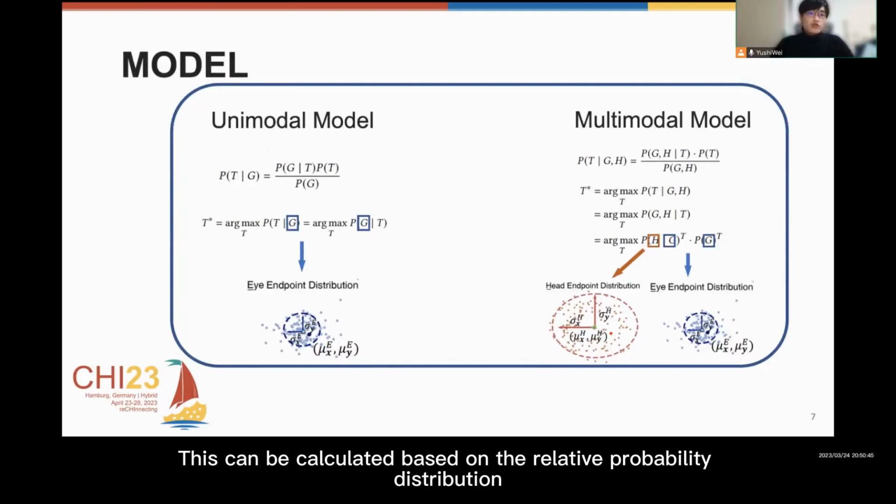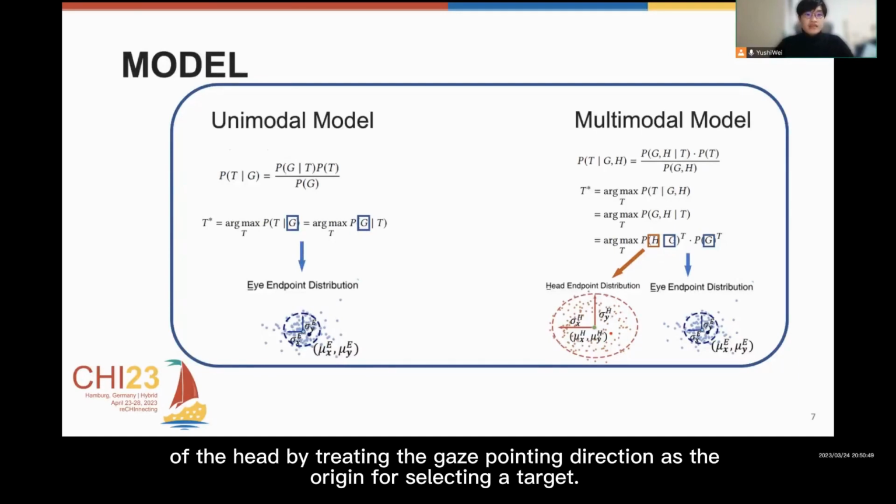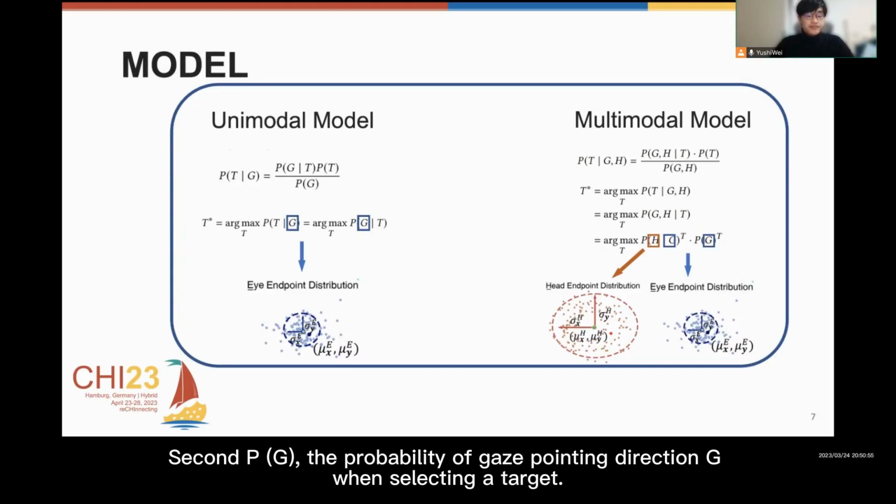This can be calculated based on the relative probability distribution of the head by treating the gaze pointing direction as origin for selecting a target. Second, P(G), the probability of gaze pointing direction G when selecting a target.